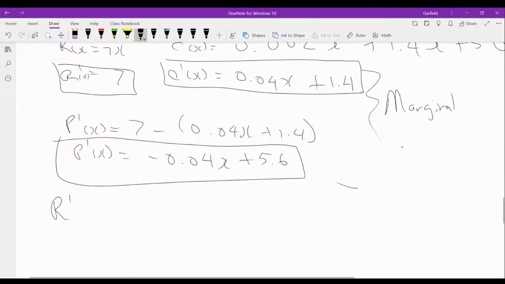So we're going to find R prime of 50, C prime of 50, and P prime of 50. Well, this is 7 because there's nowhere to plug in anything.